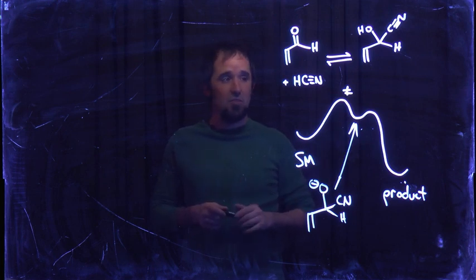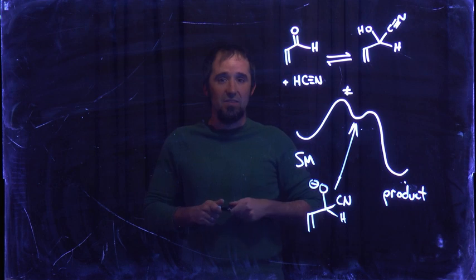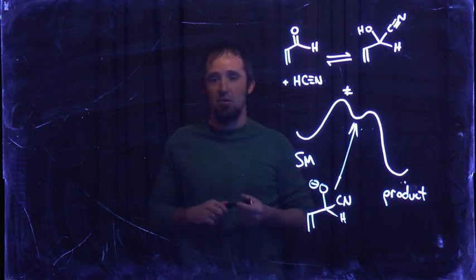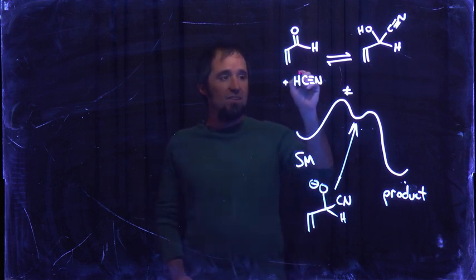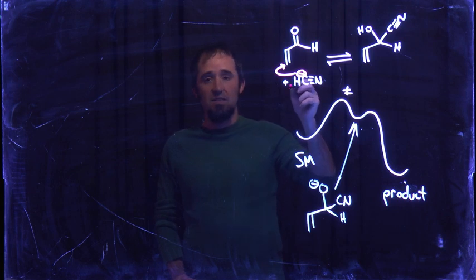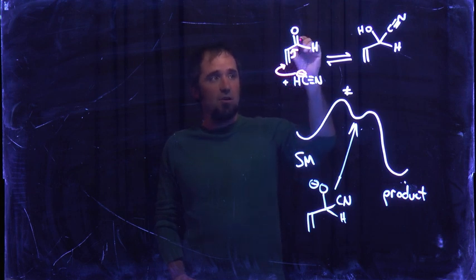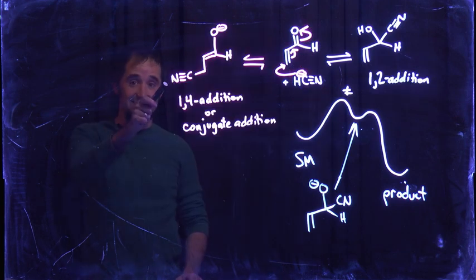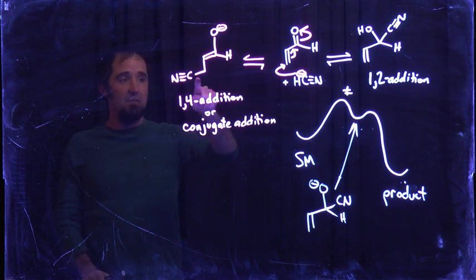Now, it turns out this is not the only way that these two things could react. What if my cyanide actually attacked here at what we might call the beta position, alpha, beta? If it did, then we could push electrons up here and up there, and we get this. Now the cyanide is attached to that beta carbon.